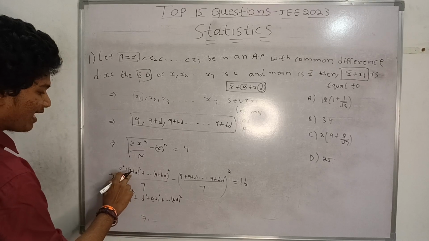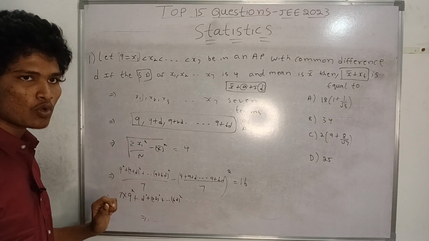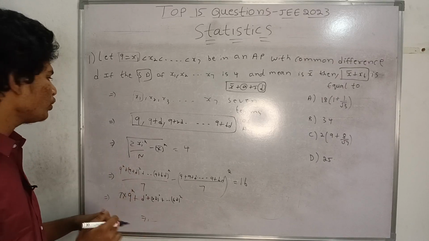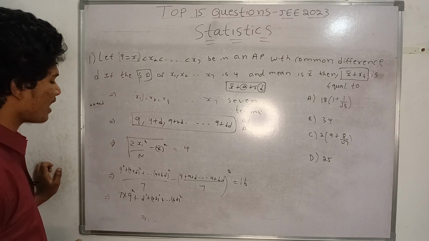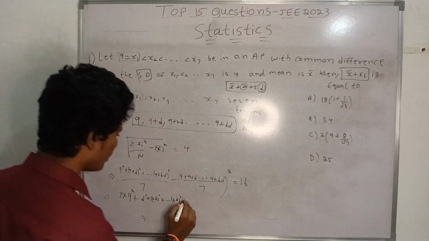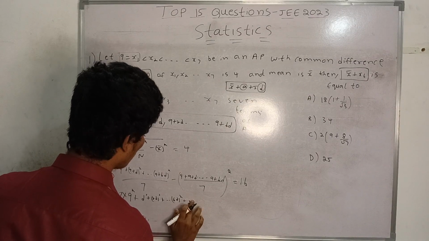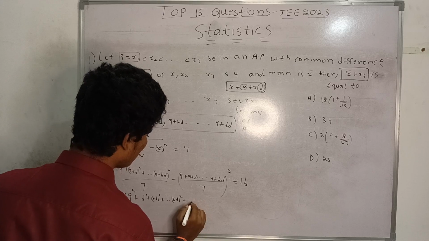Next, when I open the brackets, 9 square plus d square is okay, and another term 2ad also comes, that is 2 into 9 into d, that is 18d.